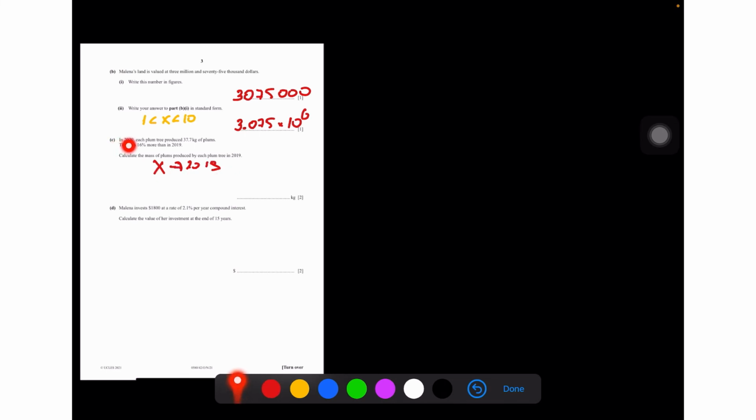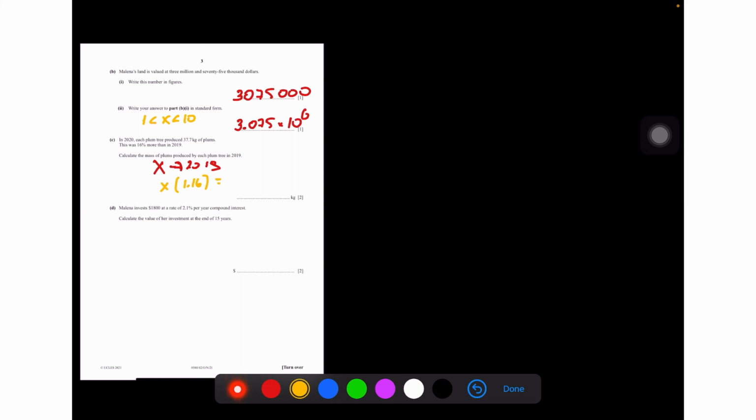And in 2020, this increased by 16%. That's why we have to multiply this X by 1.16, because 16% more means we add to 100, 100 plus 16, 116. And to write this as a decimal, we divide that number by 100, so we find 1.16.